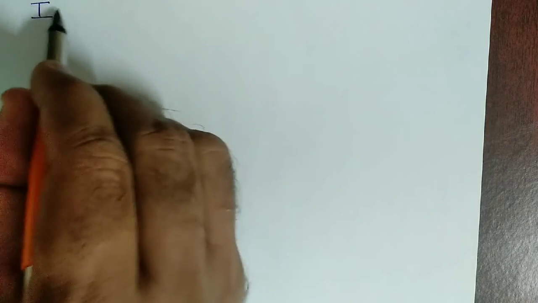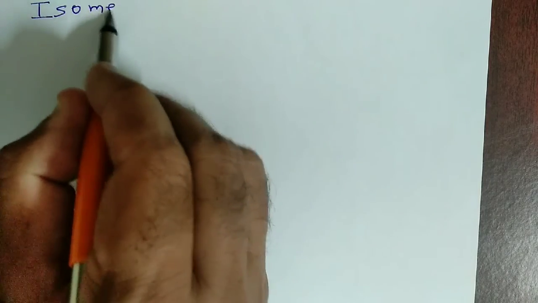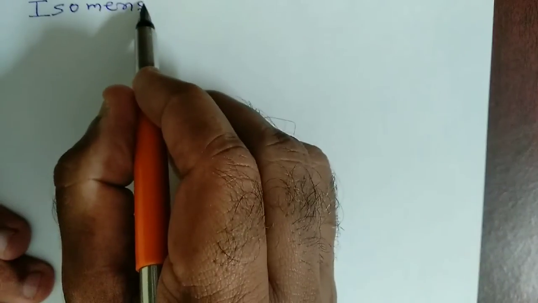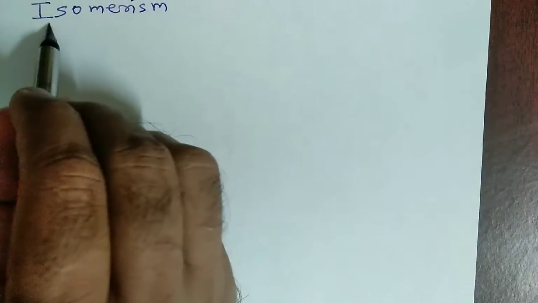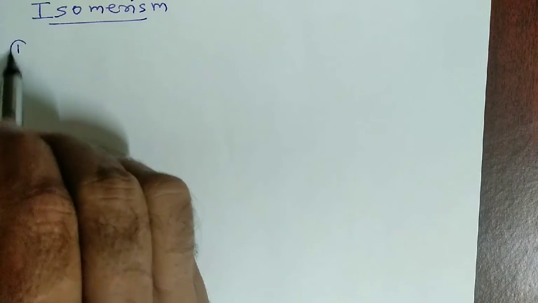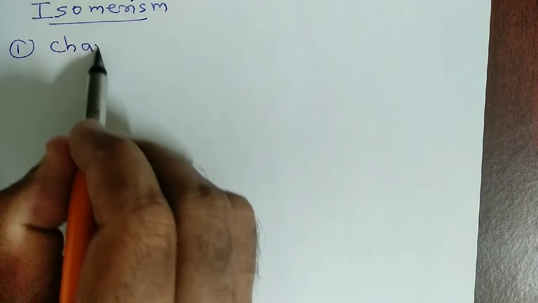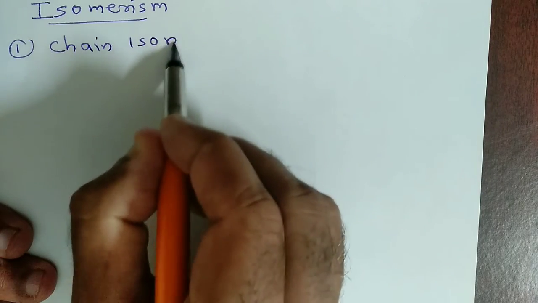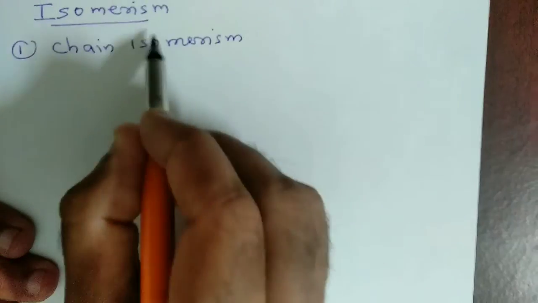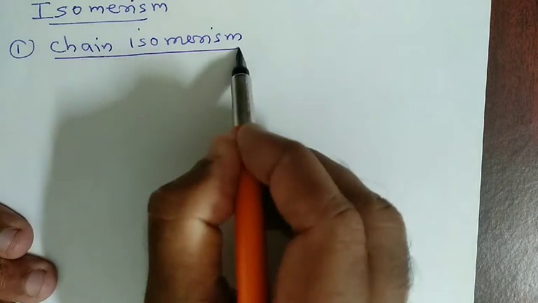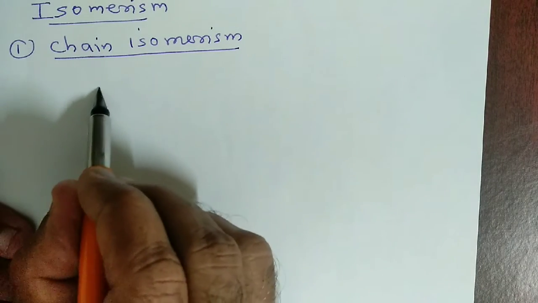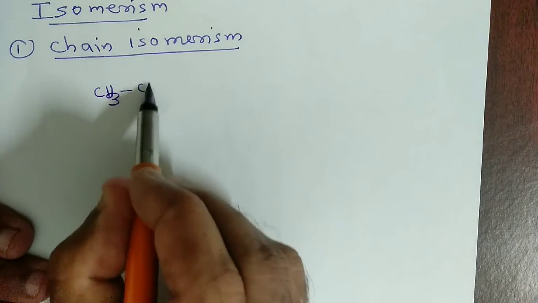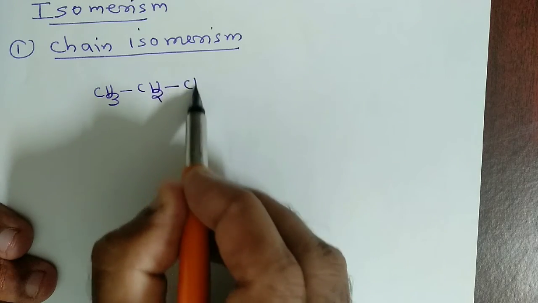Isomerism. Ethers exhibit 4 types of structural isomerism. Ethers having 5 or more carbon atoms can show chain isomerism. In chain isomerism, isomers differ with respect to the nature of carbon chain.